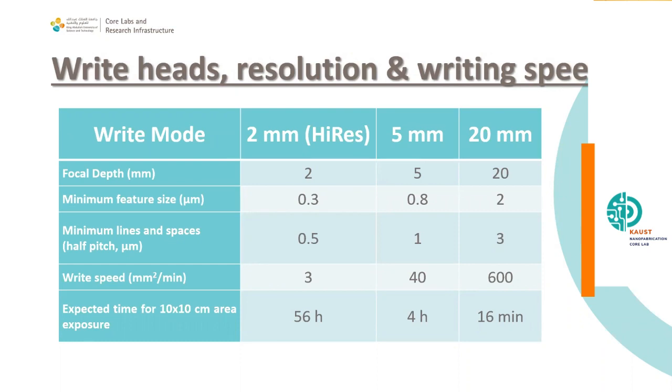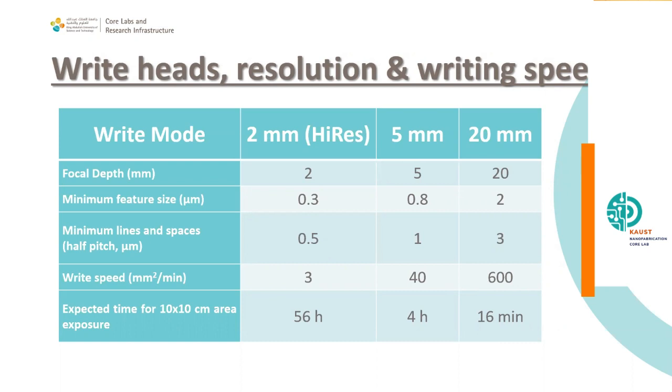So the focal depth is different. Of course, the minimum feature size, and some of you already know that this tool can achieve 0.3 microns with the high resolution. With the 5 millimeters, you can achieve 0.8, which is not that bad. And the 20 millimeters is 2 microns, okay?